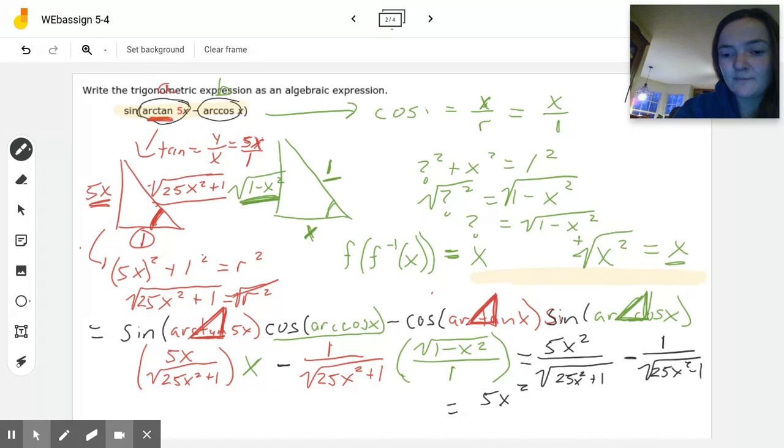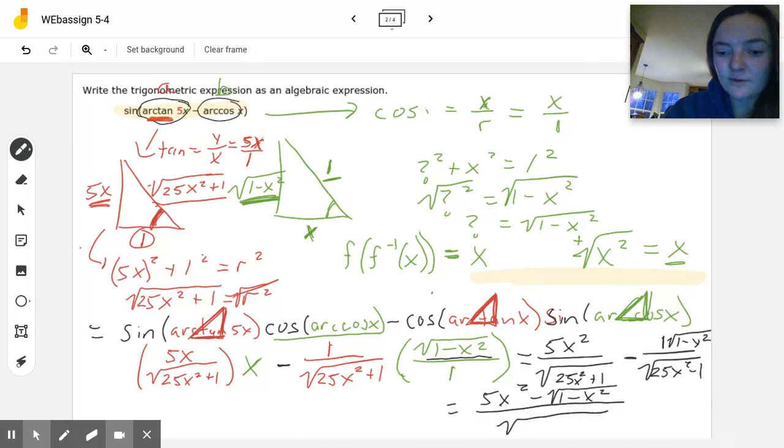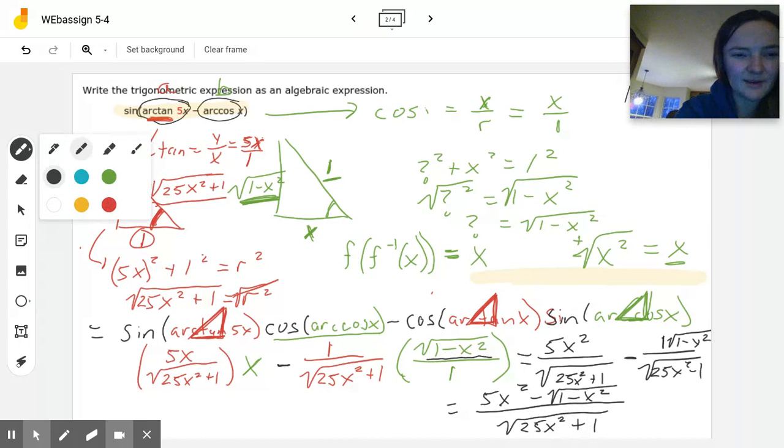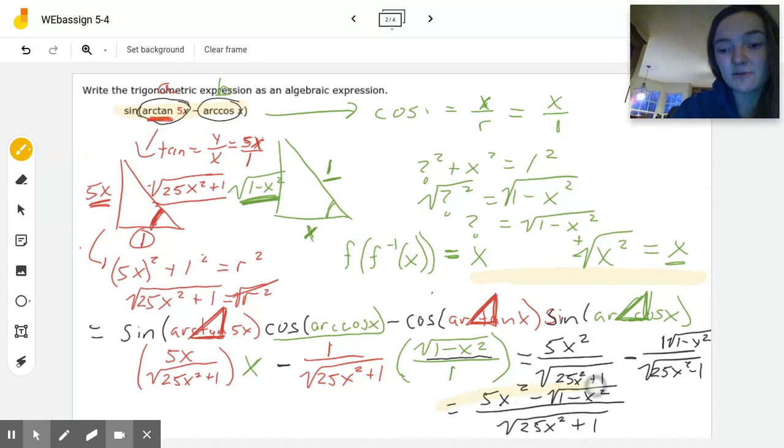So 5x squared, oh man, almost caught me there. I forgot to put on this square root of 1 minus x squared. Almost got me. All right, so 5x squared minus the square root of 1 minus x squared all over the square root of 25x squared plus 1. And so that right there is going to be our solution.